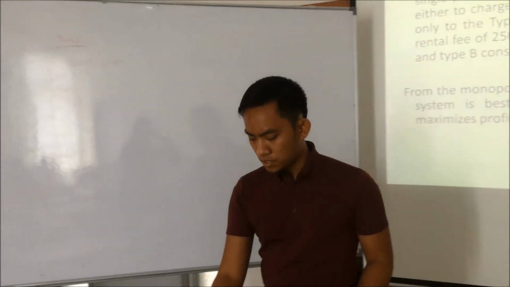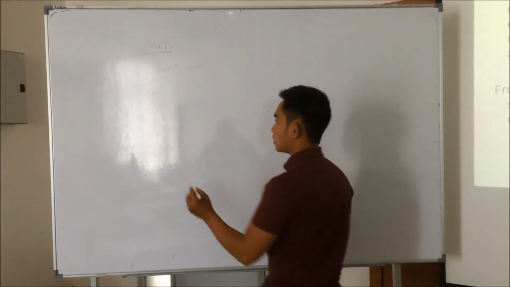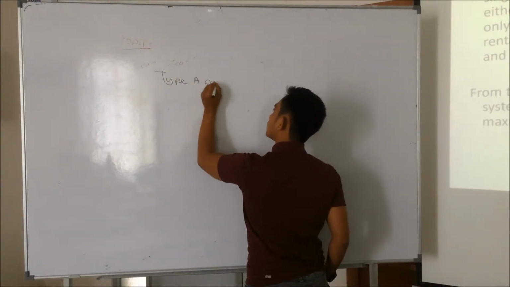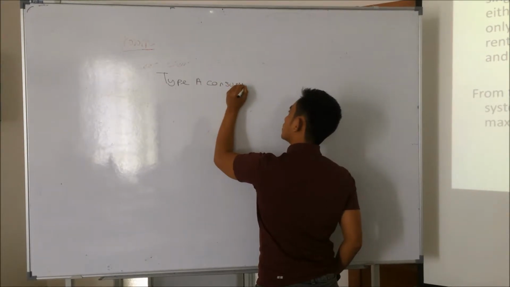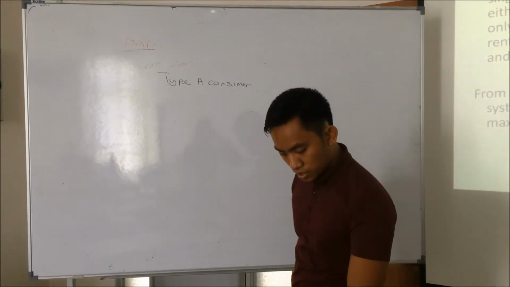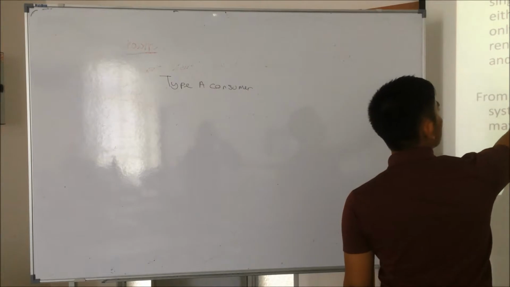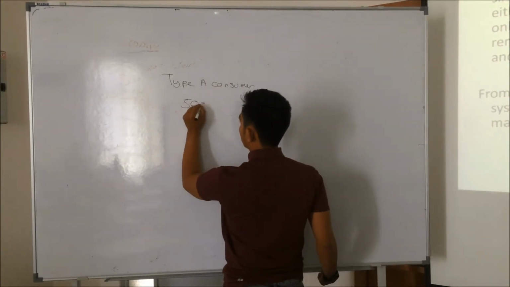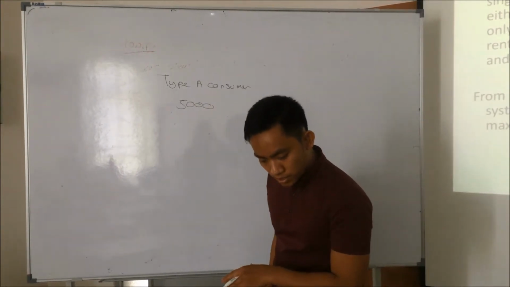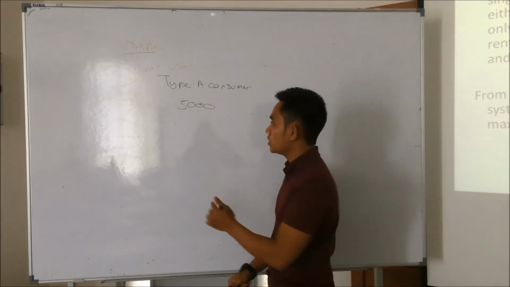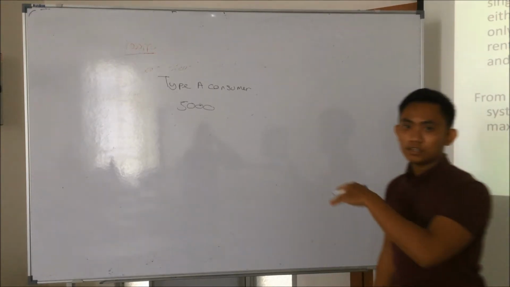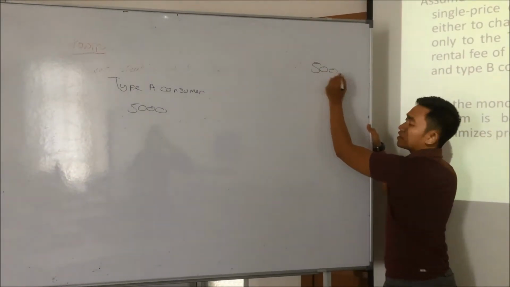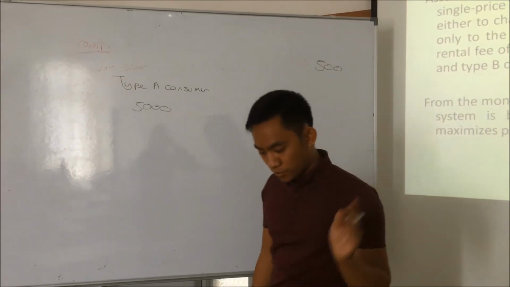First, we make a type A consumer. The rental fee is 5,000. The calculation is just minus. In the first calculation, they show the fixed amount of 500, the first question before this.